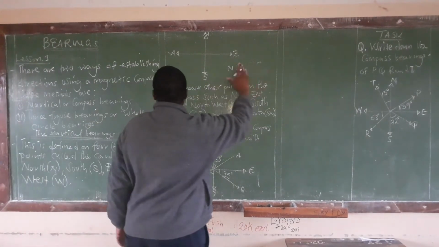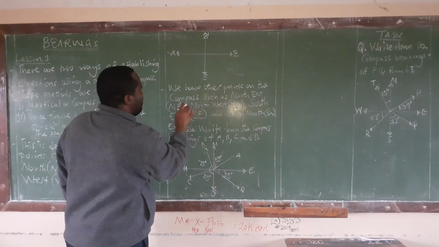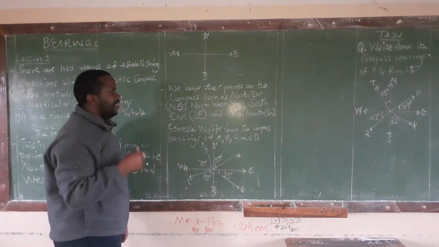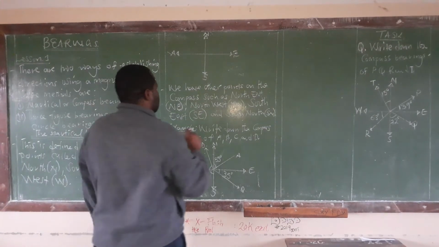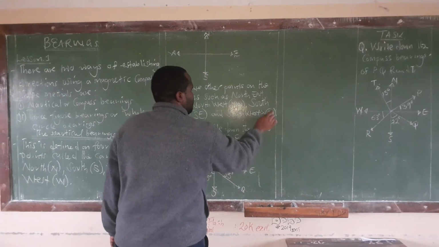So I said we have other points on the compass, such as northeast, northwest, southeast, and southwest here. It's supposed to be southwest. Right?